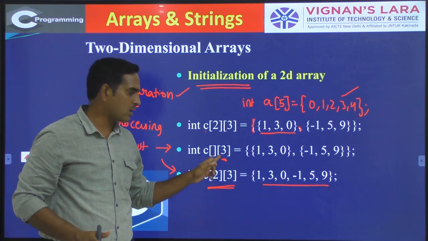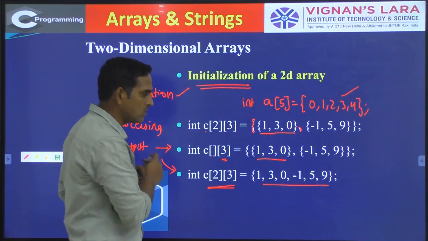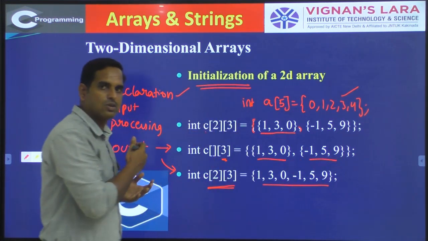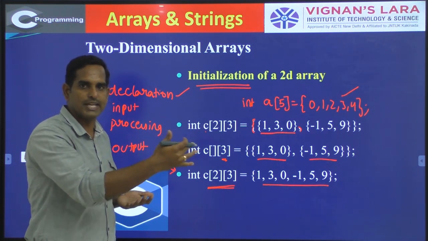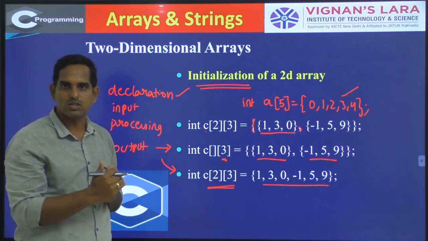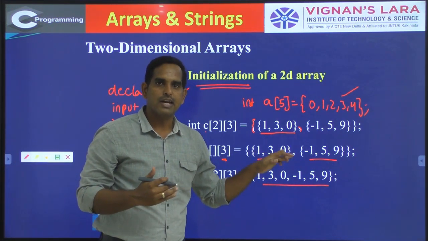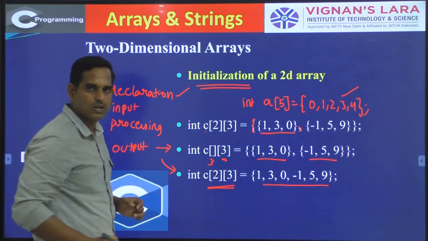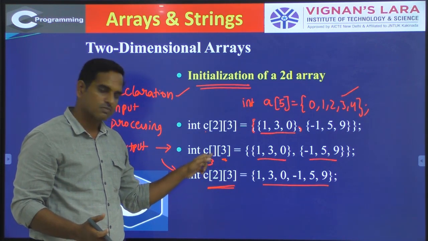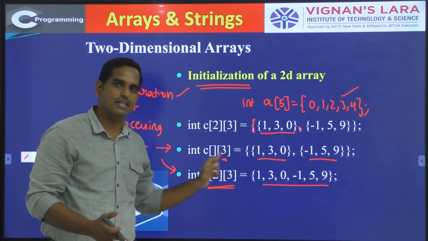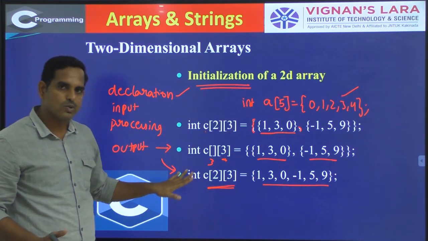So when I specify the column size, it will take the first 3 elements to the first row, and the second 3 elements to the second row, and 3 elements to the next row. Based upon that number of 3 elements, it will create the rows. So if I am having 9 different elements in this particular initialization, I can think of it as 3 rows. So while declaration, you can skip the part of specifying this row size when you are initializing in this manner. These are the 3 different ways you can initialize your two-dimensional arrays.